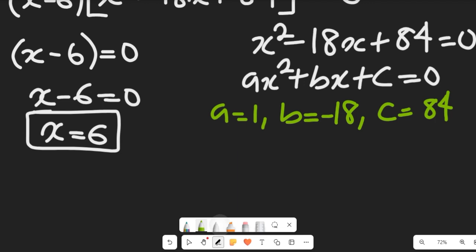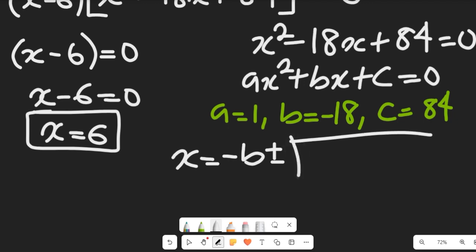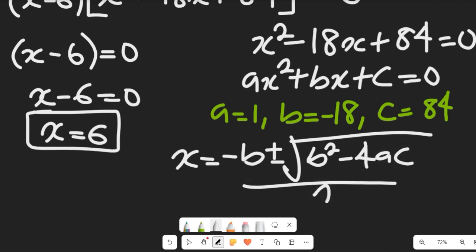Now let's simplify this. Using the quadratic formula, x is equal to minus b plus or minus the square root of b squared minus 4ac, divided by 2a.